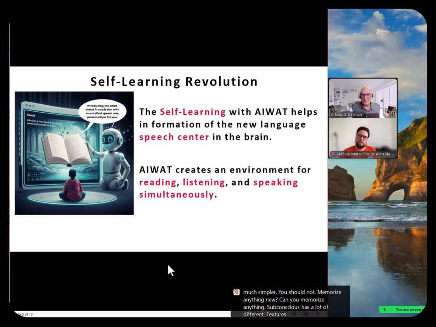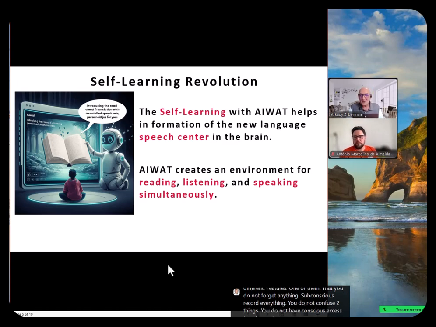One of them is that you do not forget anything. The subconscious records everything. You don't confuse two things. You do not have conscious access to the subconscious, but whatever is done by the subconscious is recorded and is used automatically.